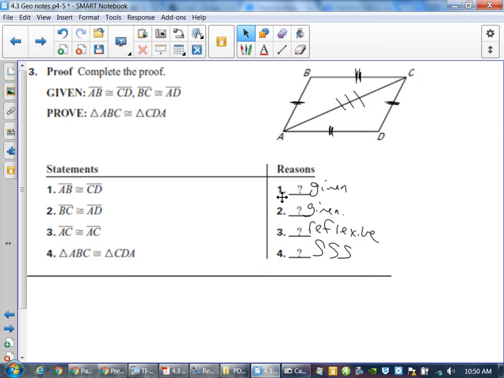Another top tip, which you probably have not done yet: I would put all 5 of these pictures along with the acronyms in a square so you know what they are. Why not put in there what side, side, side looks like, side, angle, side, all of them, because you're going to use them. Now, the only way that you can show that triangles are congruent is by using one of those 5 things.